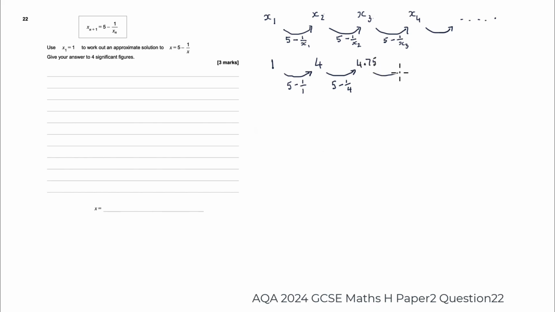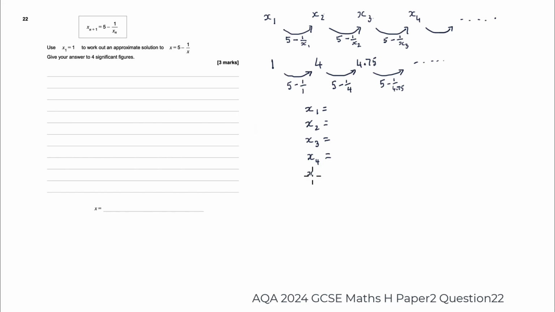The next calculation would be 5 minus 1 over 4.75. And we're getting rapidly to a stage where the calculator is needed to do this. So we're going to produce a sequence of values, and hopefully they're going to get closer and closer to the solution of x equals 5 minus 1 over x.